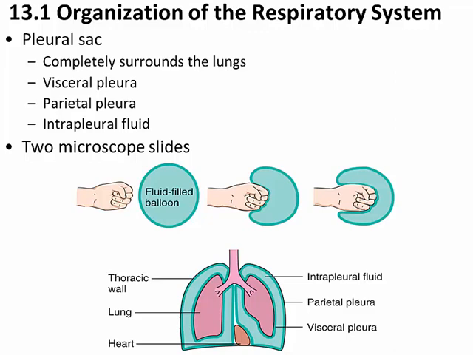And you know that if those two cover slips or microscope slides are wet, it's very difficult to pull them apart. And so this is the same idea. We have this negative pressure, the two surfaces are stuck very closely together, and so they are stuck to one another. They're not physically attached, but that negative pressure binds them together, and that fluid prevents any type of friction from occurring between the visceral and the parietal pleura.